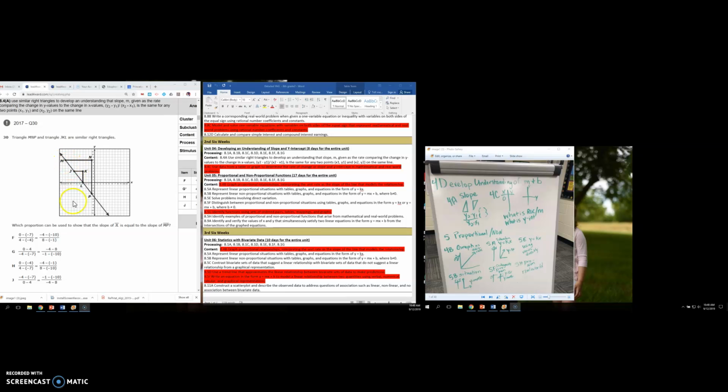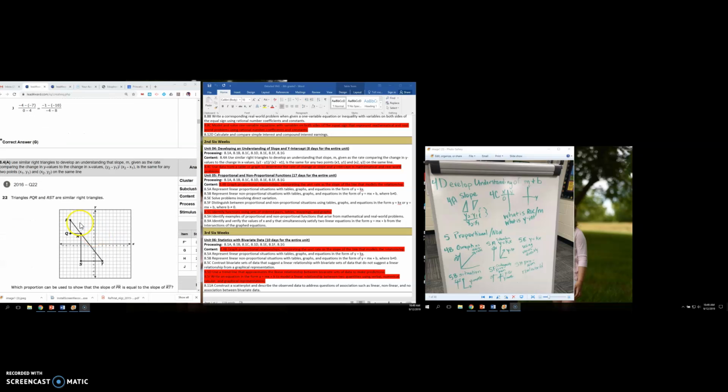And you shouldn't be bringing up things like rise over run yet. We are just trying to develop that slope equation with your change in y's over your change in x. So they should be able to look at one of these type of problems and identify the difference in the y's over the differences in the x's.